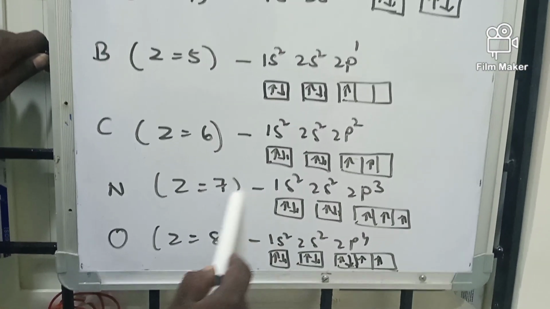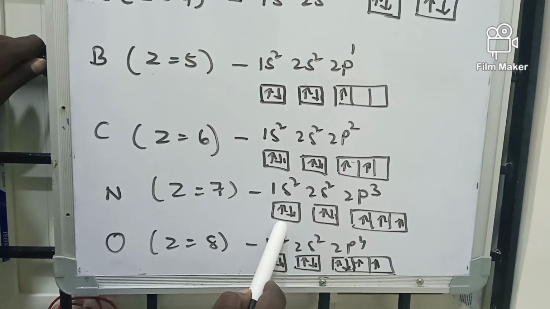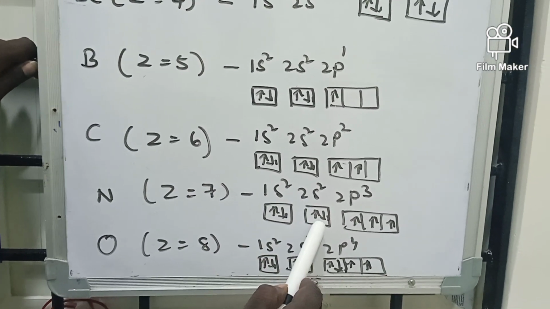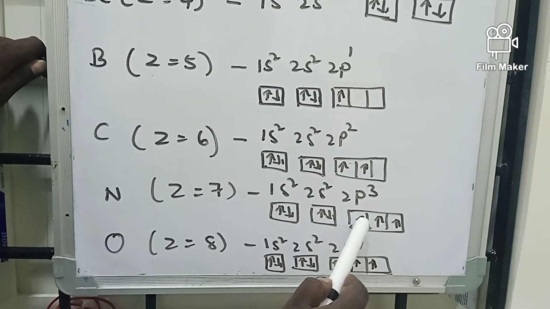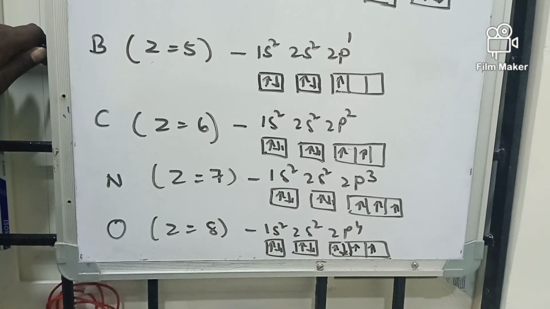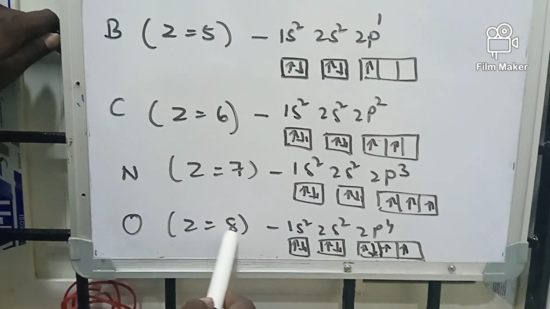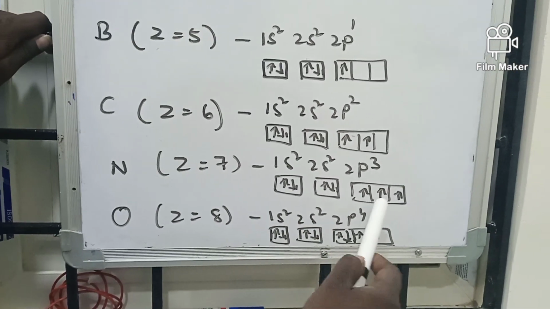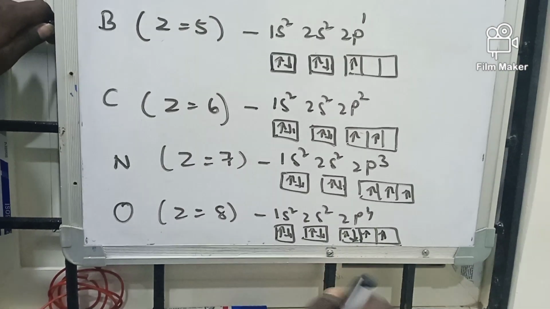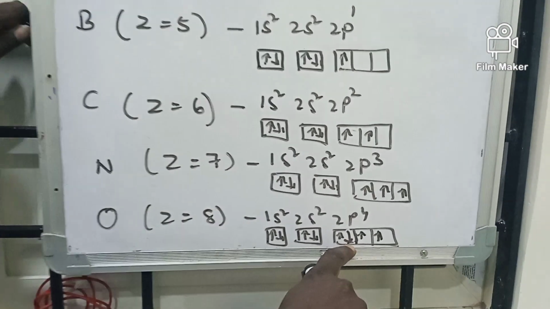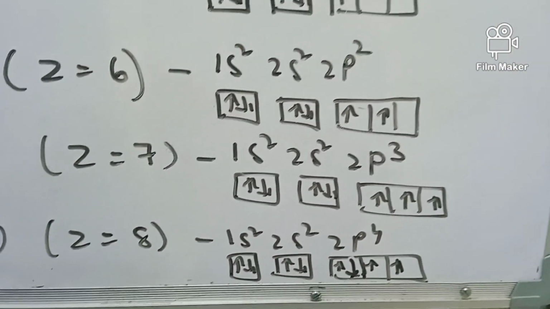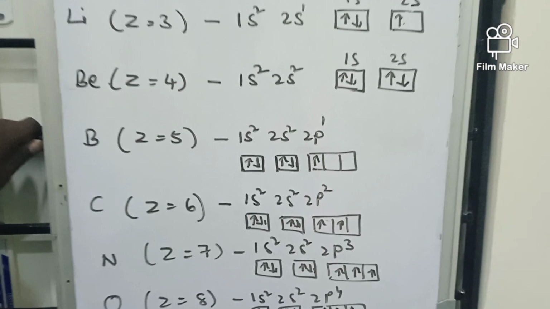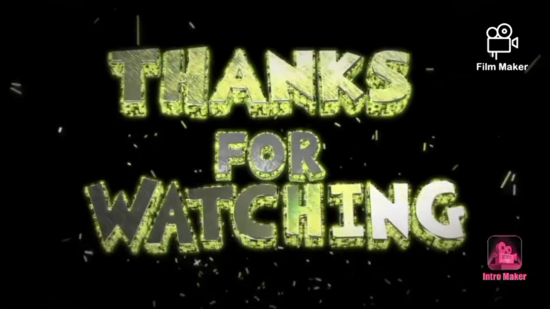Nitrogen has 7 electrons: 2 electrons in the 1s, 2 electrons in the 2s, and 3 electrons, one in each of the 2p orbitals. And next, oxygen has 8 electrons. First 7 electrons fill like nitrogen, but the 8th electron pairs with 2px. So this is the way electrons fill.